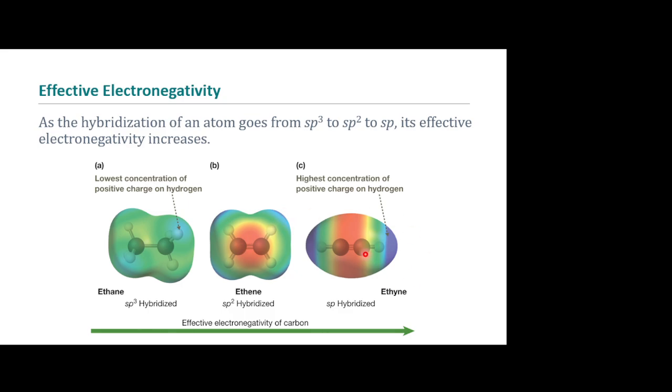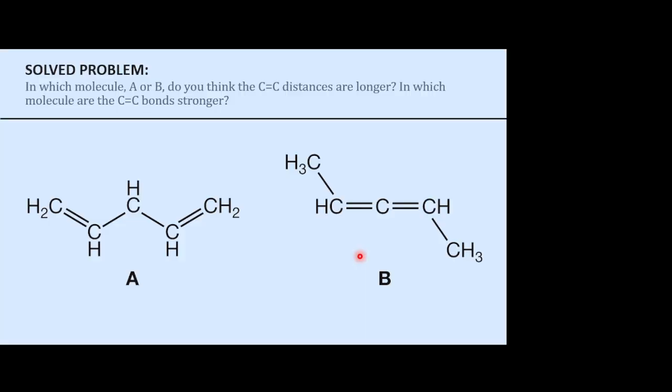Then with sp hybridization, our triple bond, our hydrogens are pretty positive at the end here, and a lot of that negative charge gets concentrated in the triple bond area. We're getting acidic. That's where the acidity comes from: we're pulling electron density away from the hydrogens, and we get more stable with the electron density contained away.